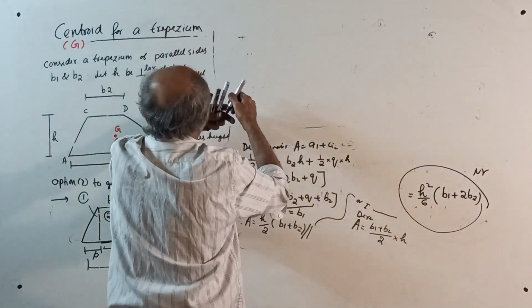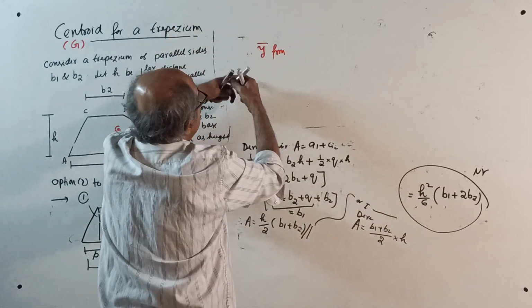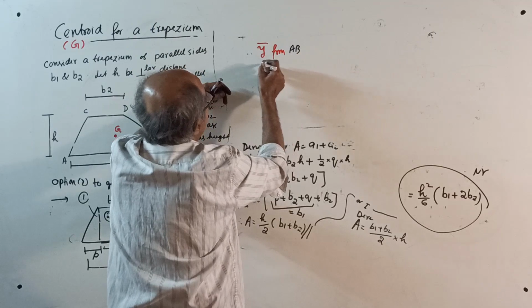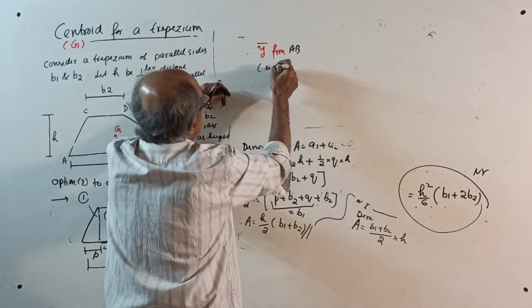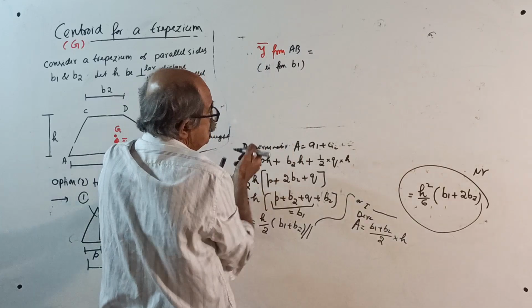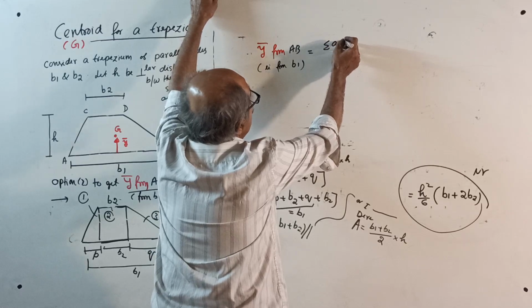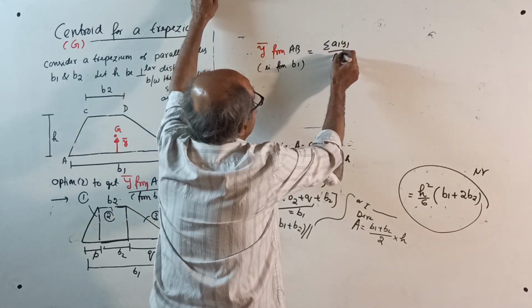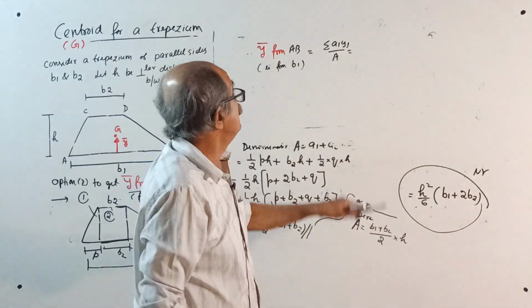Therefore, your y bar from AB, as per our sketch. From AB means, I told you repeatedly, from the parallel side B1, equals the numerator, sigma A1 Y1 by A. Sigma A1 Y1 means A1 Y1, A2 Y2, A3 Y3, by the total area.